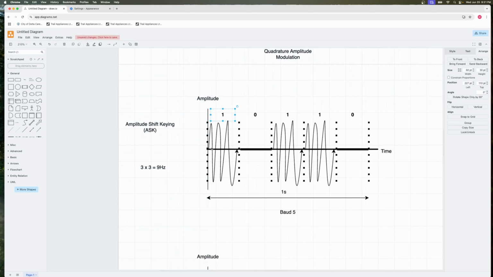Amplitude is how high it is, or how many cycles essentially are within one bit. Here you can see a certain height of these different sine waves. For this first one, if we look at the peaks, we go one cycle for that.